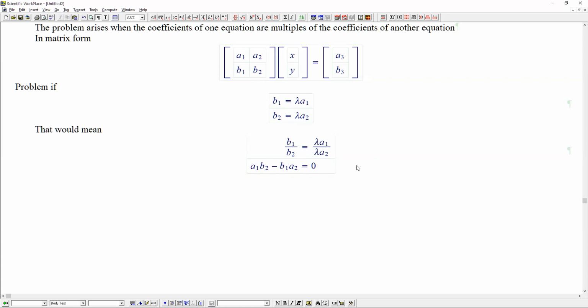That's exactly what we were saying. So in that case, the determinant is 0.